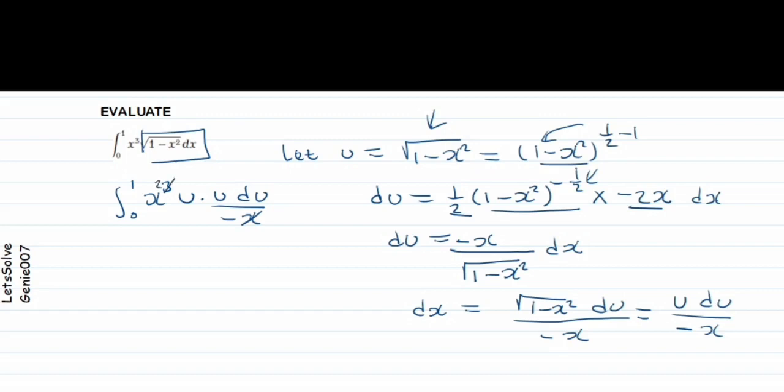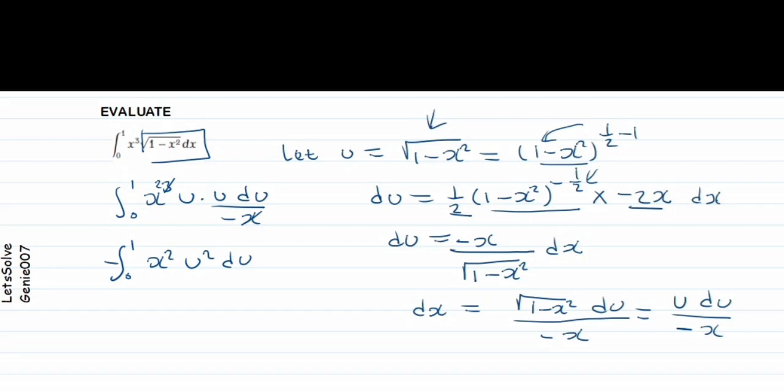Here, it will remain x squared. So simplifying this, we have the limit from 0 to 1 of x squared u squared du. This negative here, you take it outside, it will be negative everything. With this, we can't integrate because we have x squared, and we are integrating with respect to u.